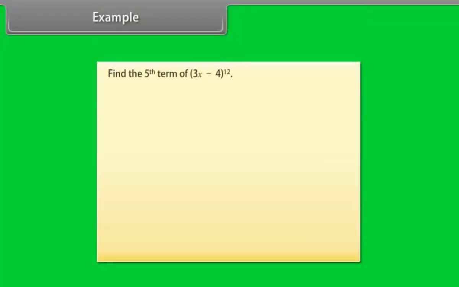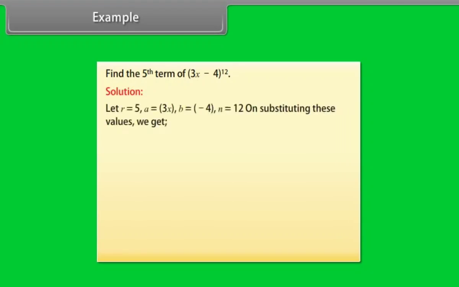Example: find the fifth term of (3x - 4) raised to power 12. Solution: let r equal 5, a equal 3x, b equal minus 4, n equal 12.